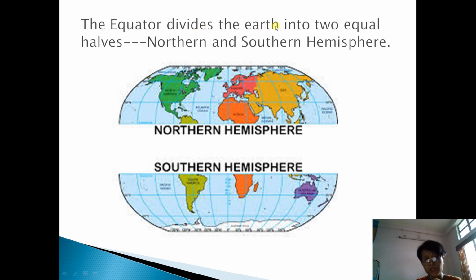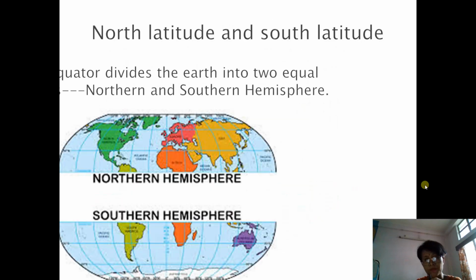So equator divides the earth into two equal halves. Already I have told in the previous slides, northern and southern hemisphere. Now these two equal halves: the northern part of equator we can say northern hemisphere, and the southern part of equator we can say southern hemisphere.